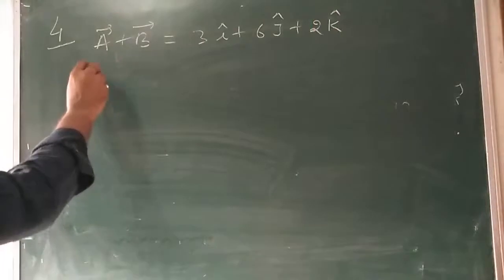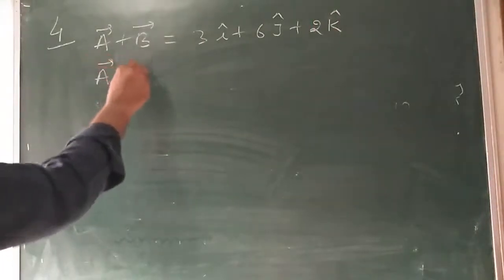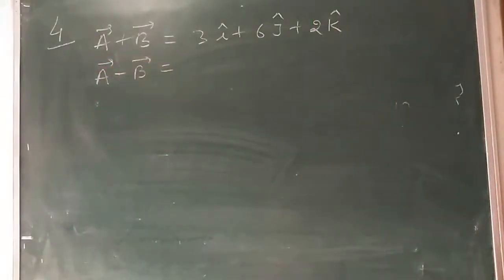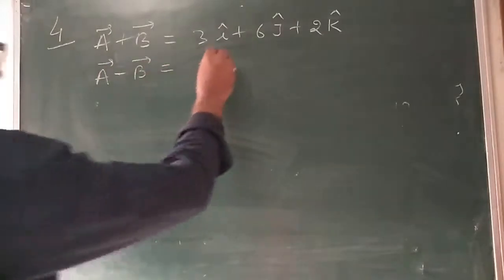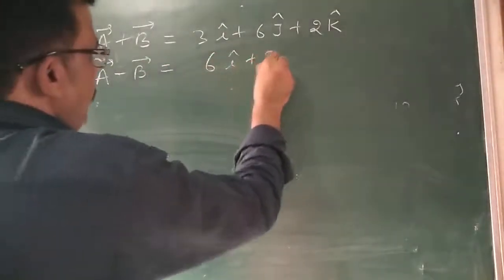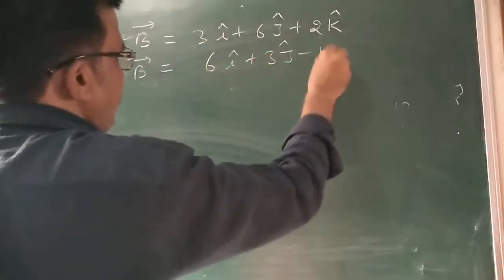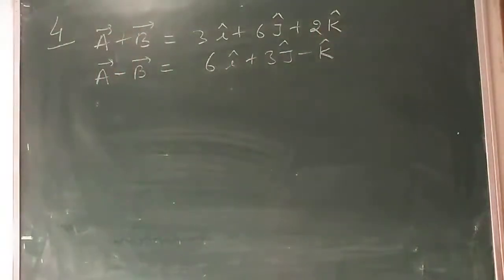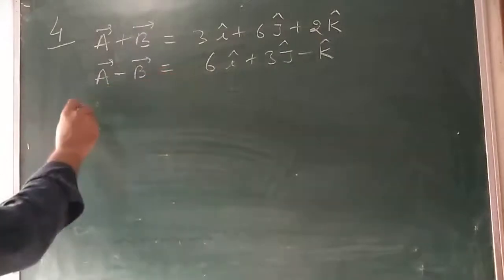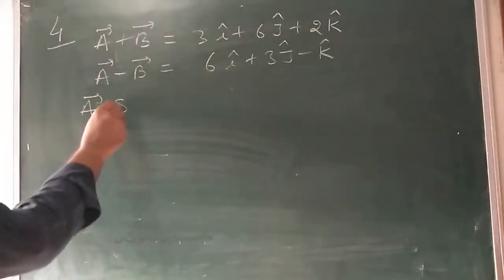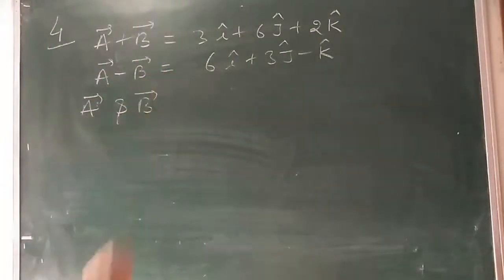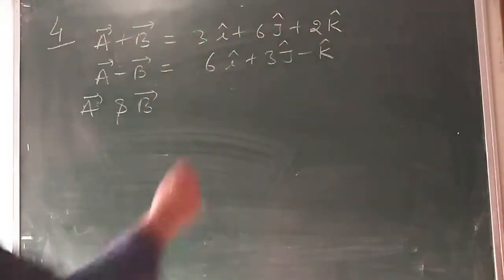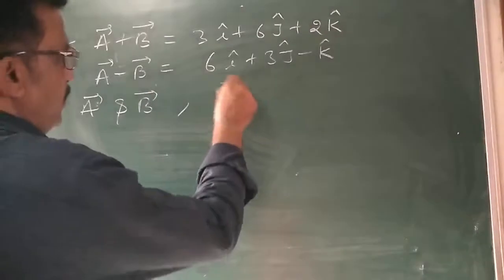And the subtraction of the two vectors is also given, A minus B, that is 6i plus 3j minus k here. Find the magnitude of A and B and their scalar product A dot B.